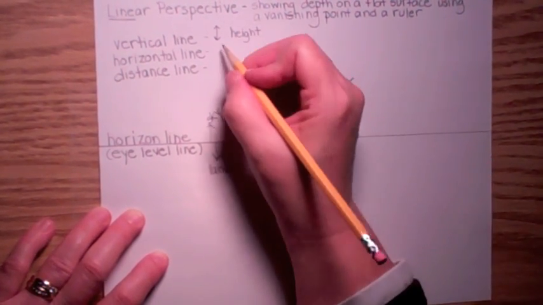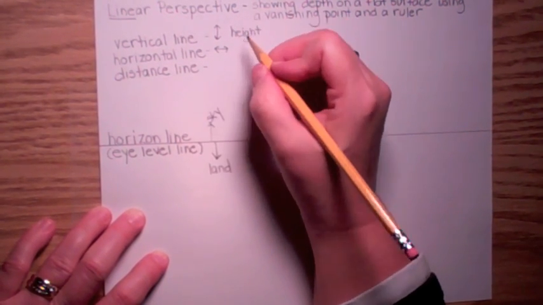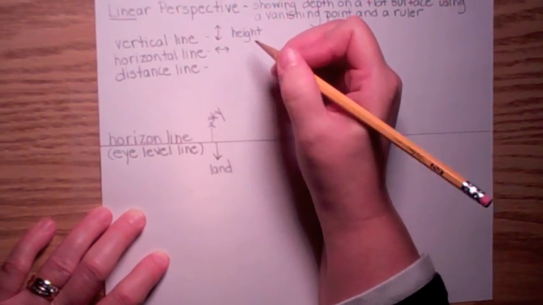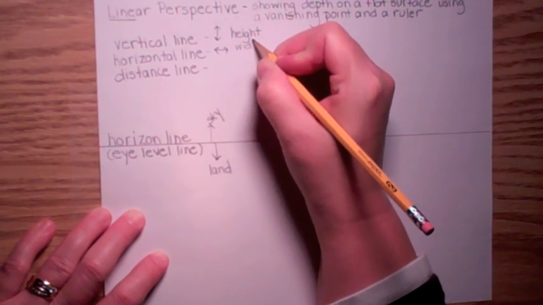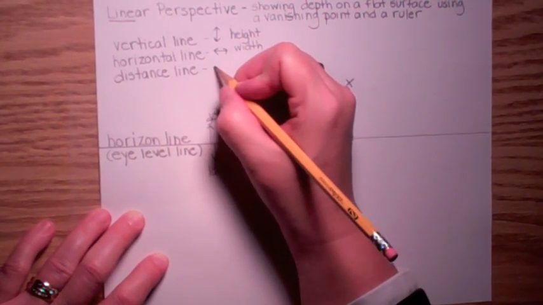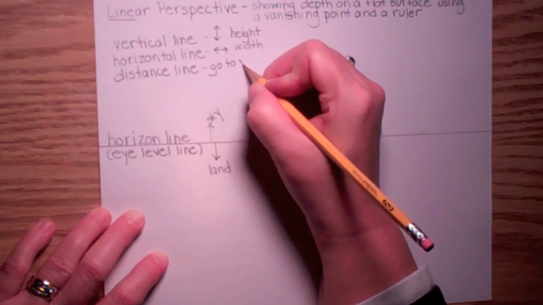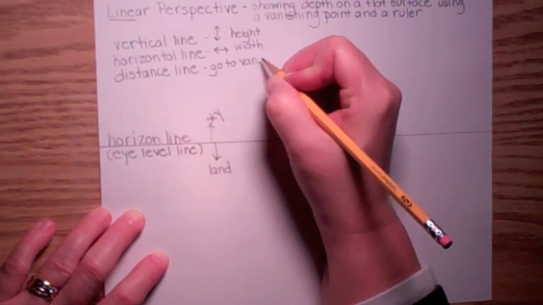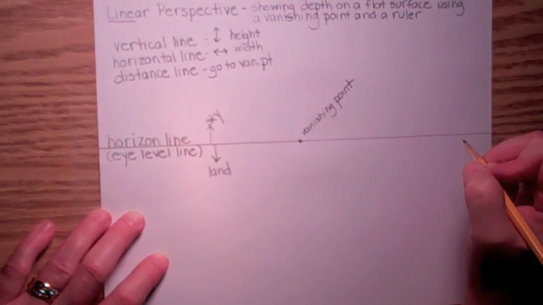Horizontal lines go side to side or east to west. And when we look at a picture or a drawing or a painting, they show us how wide things are, and we call that width. Distance lines always go to the vanishing point. And that would be your point on your horizon line.